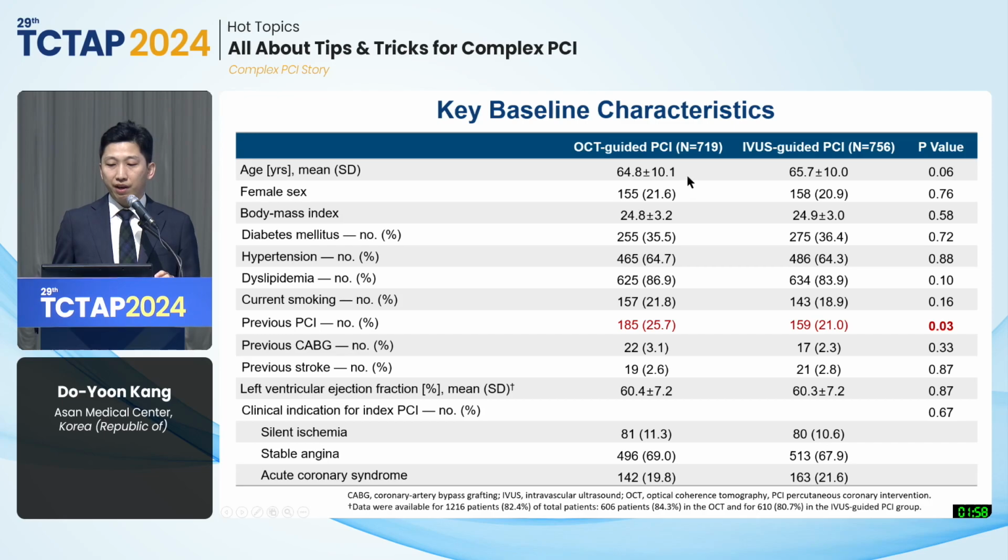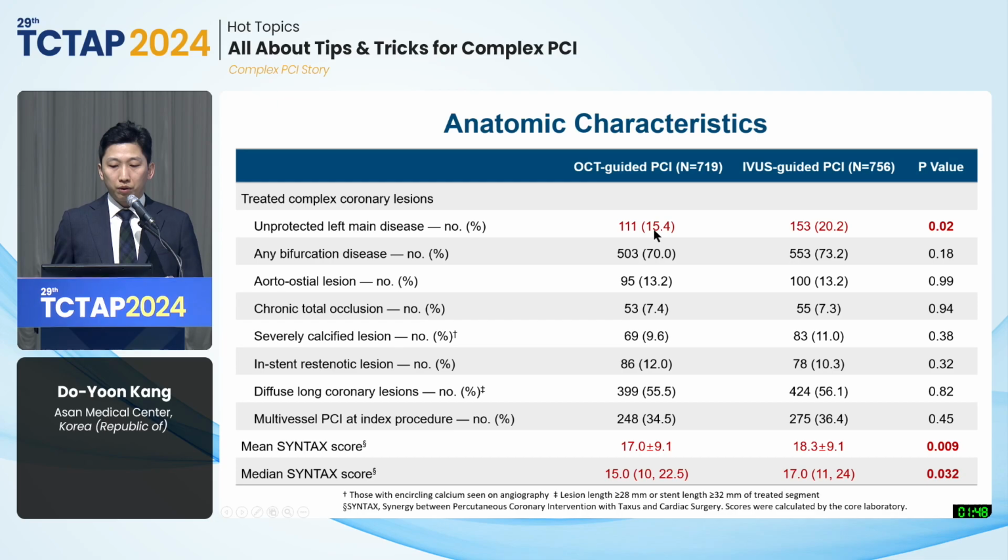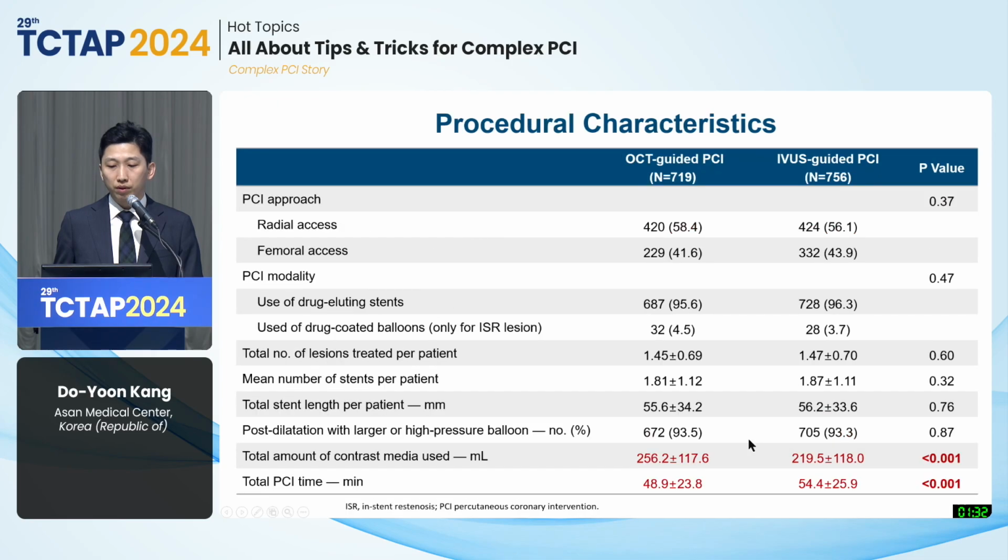Key baseline characteristics were not different between groups, but previous PCI history was more prevalent in OCT-guided PCI. But unprotected left main disease was more common in IVUS-guided PCI. There could be some crossover because this is an as-treated analysis. The mean and median SYNTAX scores were a little higher in the IVUS-guided PCI group.